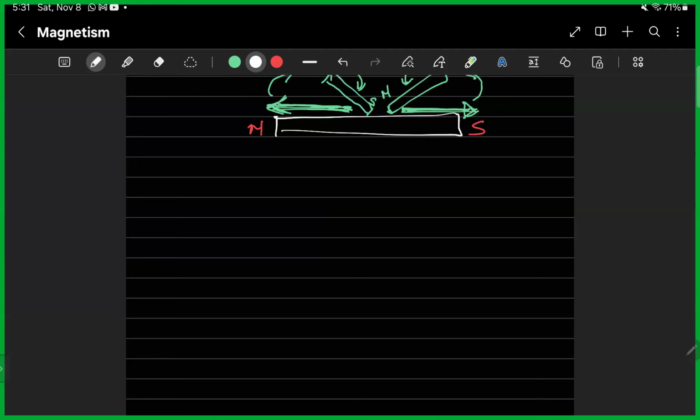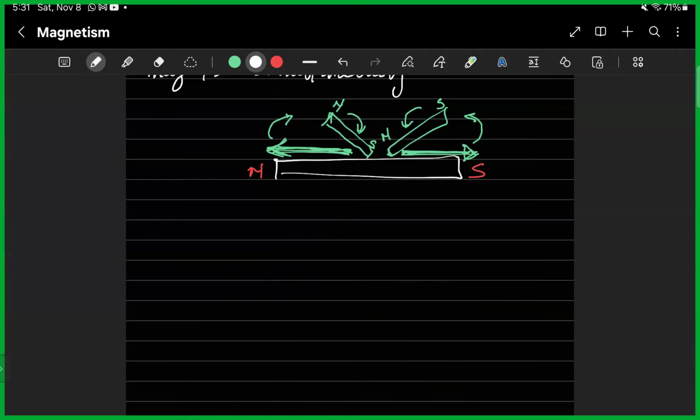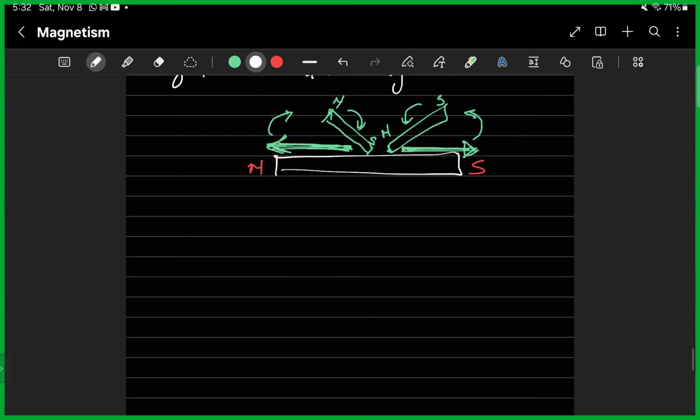Then hammering in the earth field is another way of creating a magnet.